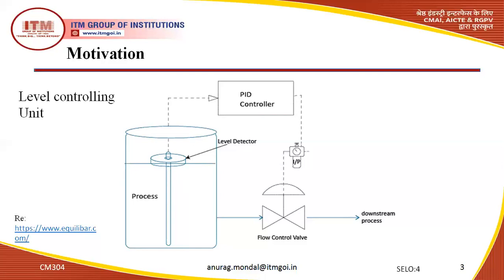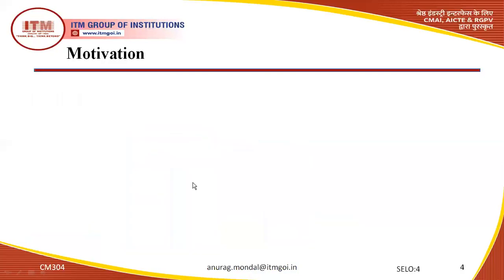So we have to choose that kind of instrument. We need to be very choosy, and because of various kinds of conditions, we need to choose a particular instrument. Let me show you another example.